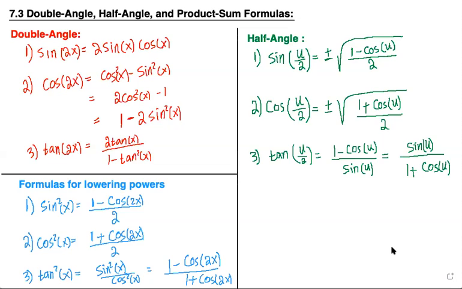Okay, let me give you an example of how we can use the half angle. Last time I gave you an example for the double angles. Now we're going over the half angles, but I talked about the formula for lower power because I'm going to derive the formulas for half angles from this.